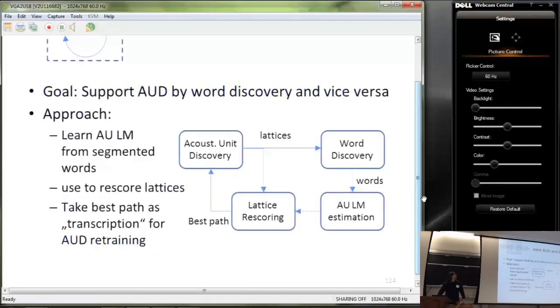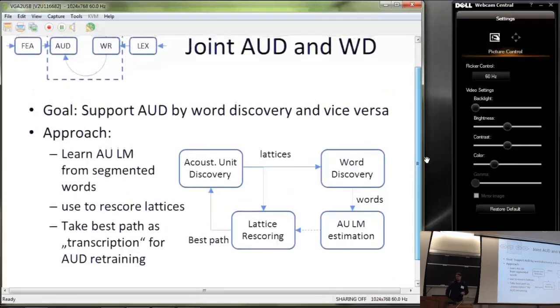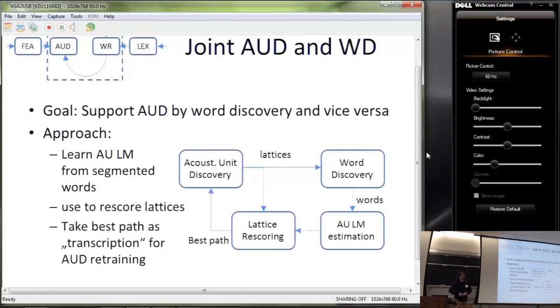So, what is our setup? Basically, we take the acoustic unit discovery. This delivers lattices. We do a word segmentation and word discovery on it. The result is a string of segmented words, and I can use this string of segmented words to learn a unit level language model and perform a lattice rescoring with it.